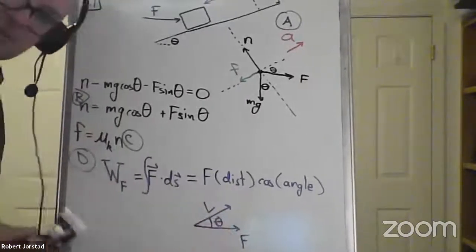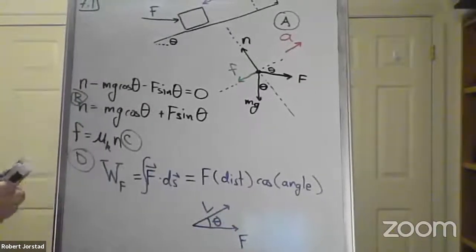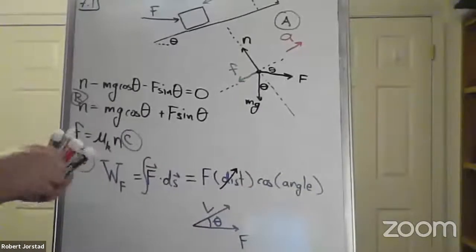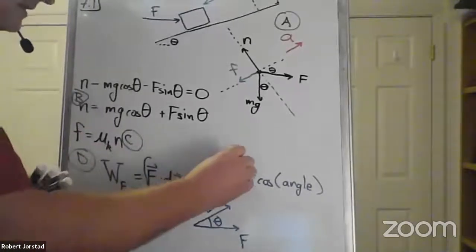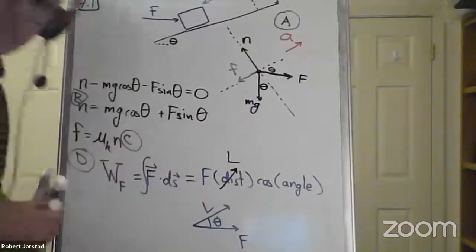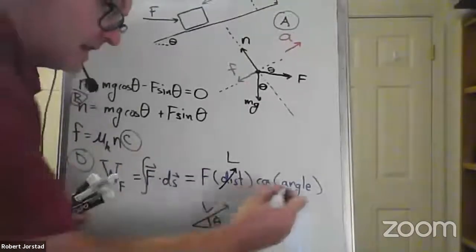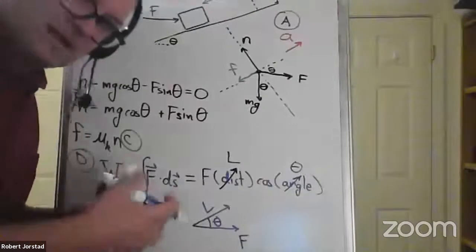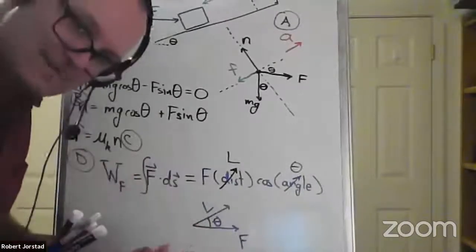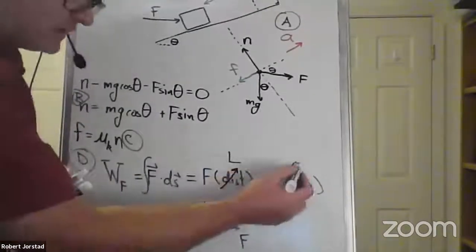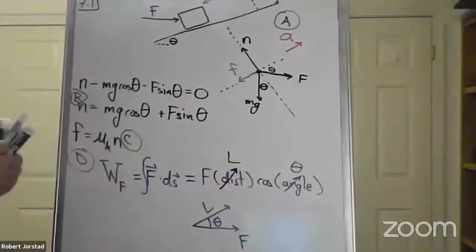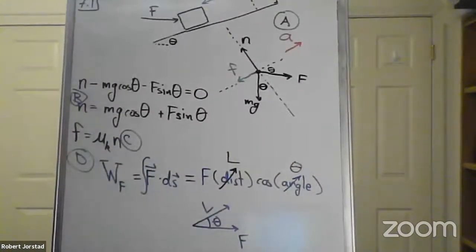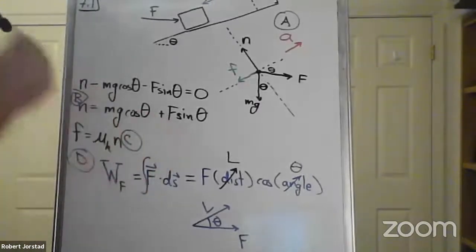In this particular problem, the distance is L. The angle happens to be theta. It's not always theta. Sometimes it will be 90 minus theta or 90 plus theta or 180 minus theta. So we have to be careful here. It's not always theta, but it usually relates to theta or 90 or 0, or 180.